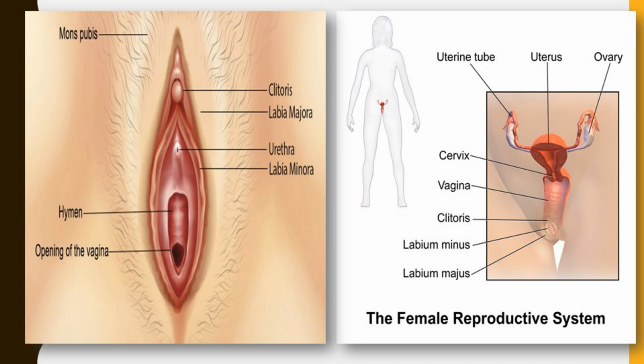The labia majora are fleshy folds of tissue which extend down from the mons pubis and surround the vaginal opening. The labia minora are paired folds of tissue under the labia majora. The opening of the vagina is often covered partially by a membrane called hymen. Then, the clitoris is a tiny finger-like structure which lies at the upper junction of the 2 labia minora above the urethral opening.